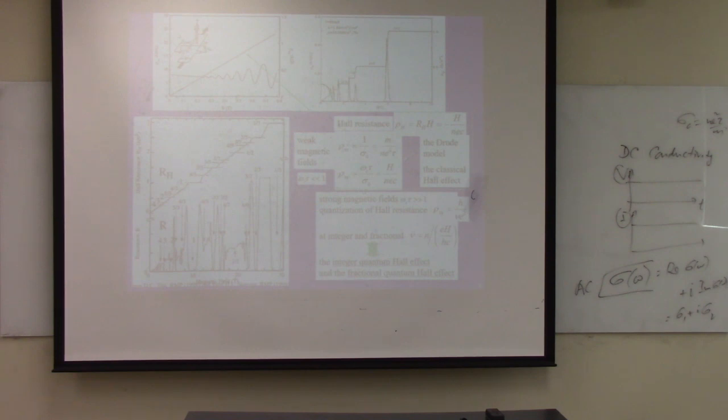So what is your real part of this sigma? It is NE squared tau over M times 1 plus omega squared tau squared, right? Imaginary part of sigma is given by omega tau divided by M times 1 plus omega squared tau squared.